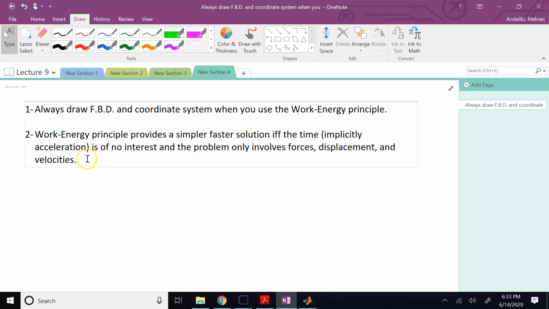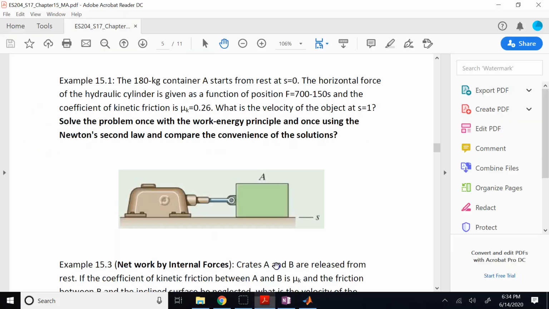There is no mention of time, no mention of time derivative of velocity, which is acceleration. So acceleration or time problems, you definitely have to go back to the second law of Newton. So these are the 2 important things: when to use it, and don't forget what you have to draw.